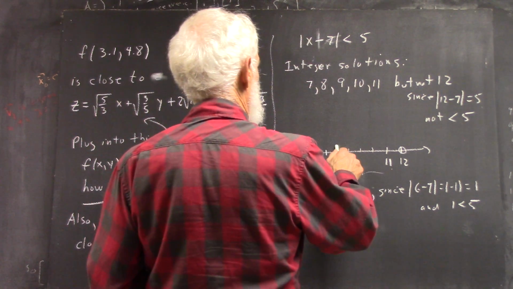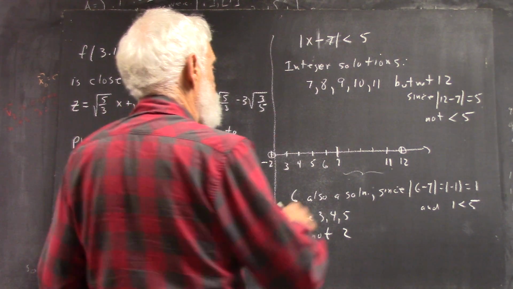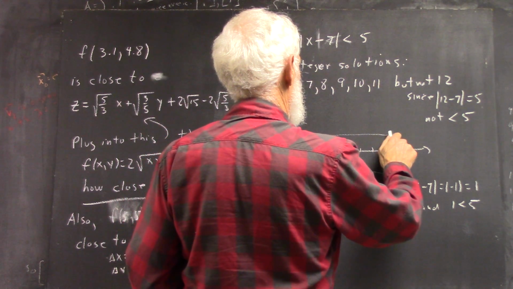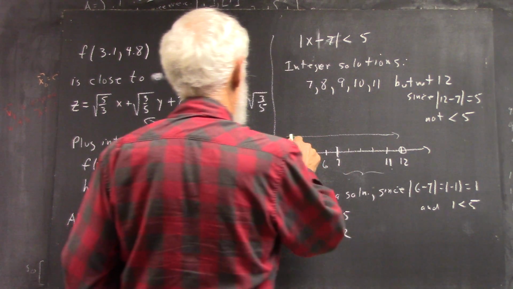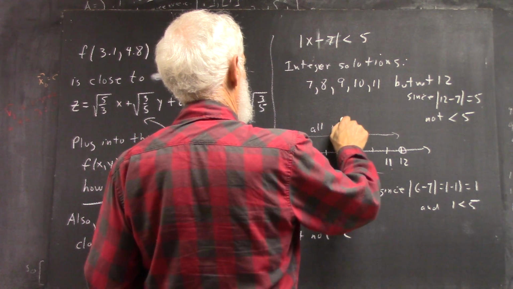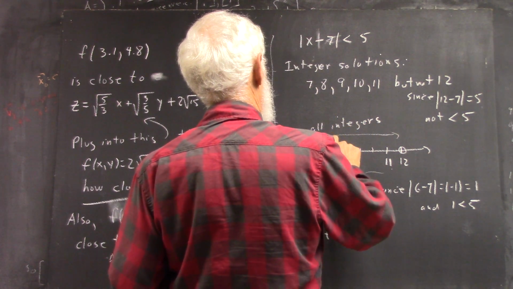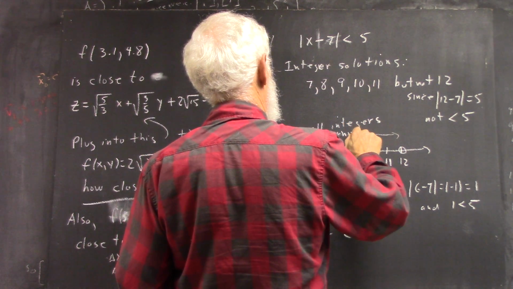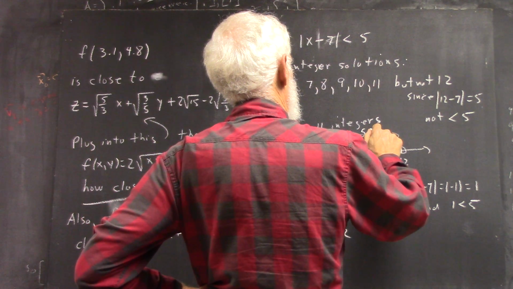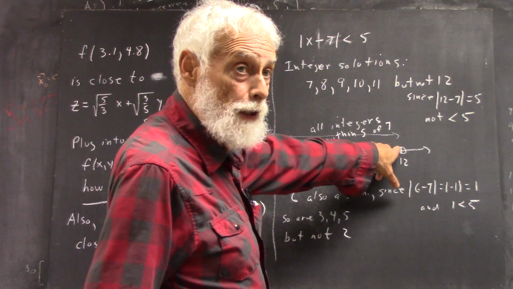Well, 7 is kind of in the middle here, isn't it? So at least from here to here, all integers that are within 5 units of 7, right?